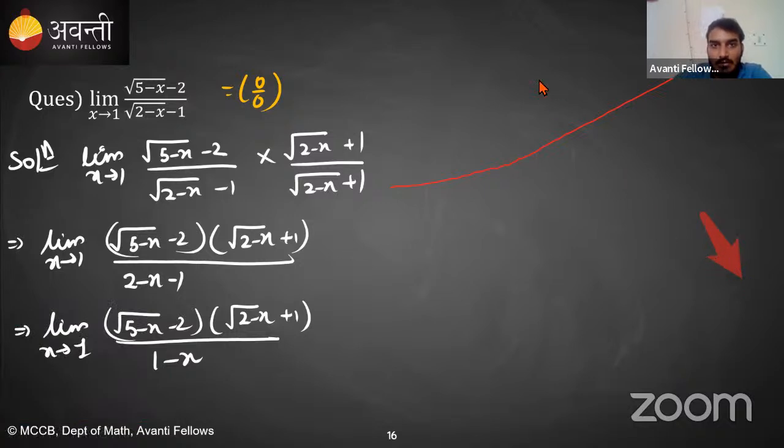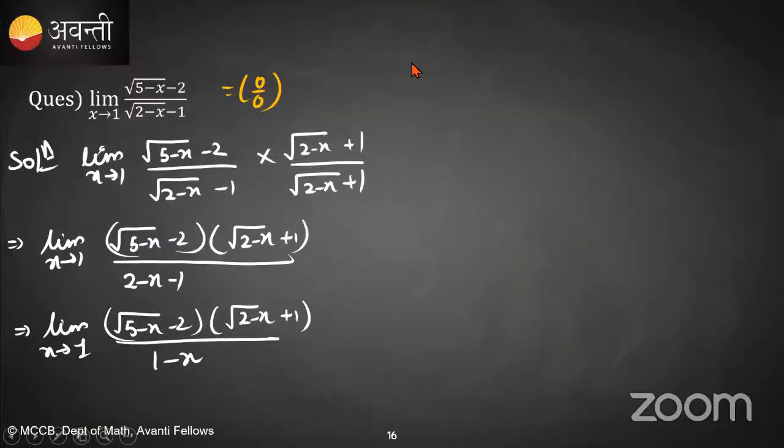Just give me 1 minute, students. Please rejoin again, I think there is some issue. Okay, 1 second. Just give me 1 minute.